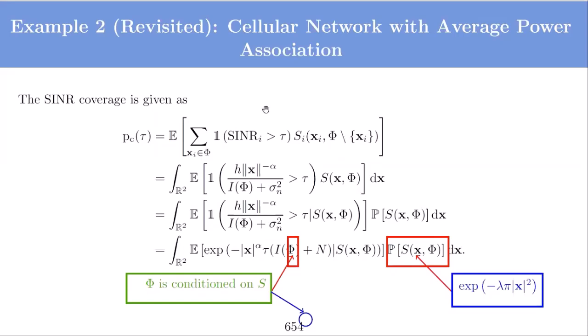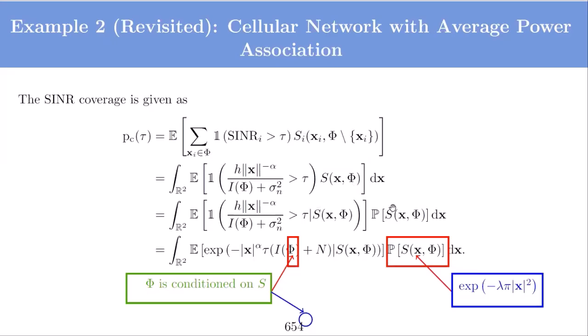Now this again is some function of xi and phi minus xi, so I can apply the Campbell-Mecke theorem to get the integration of the expectation of the indicator that SNR is more than tau times S_x(phi), dx, right? So here again the phi minus xi becomes phi, and the conditioning is with respect to the fact that there is a point at the origin.